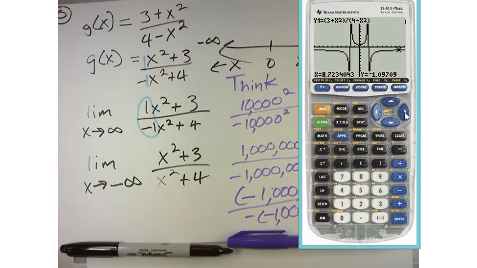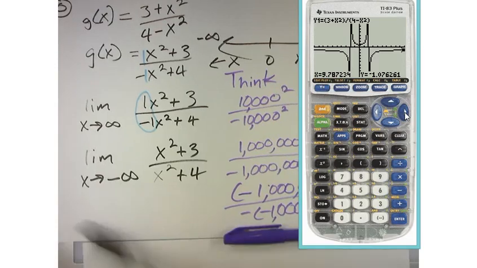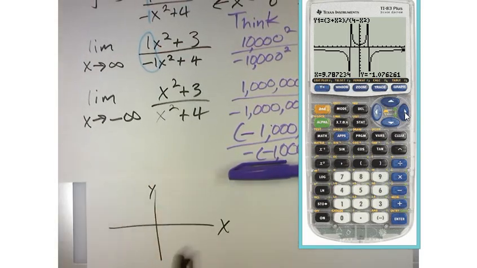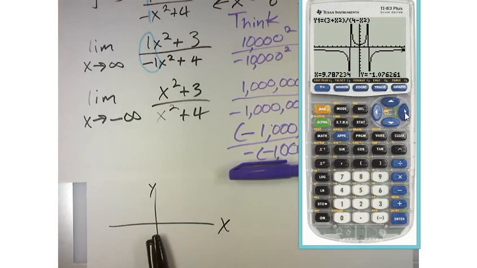What value is it approaching as I approach infinity in the x direction? What is the y value approaching? 9.7. No, that's the x value. My bad. Negative 1. Negative 1. Okay. So then what I said was true, right? We have a horizontal asymptote at negative 1.